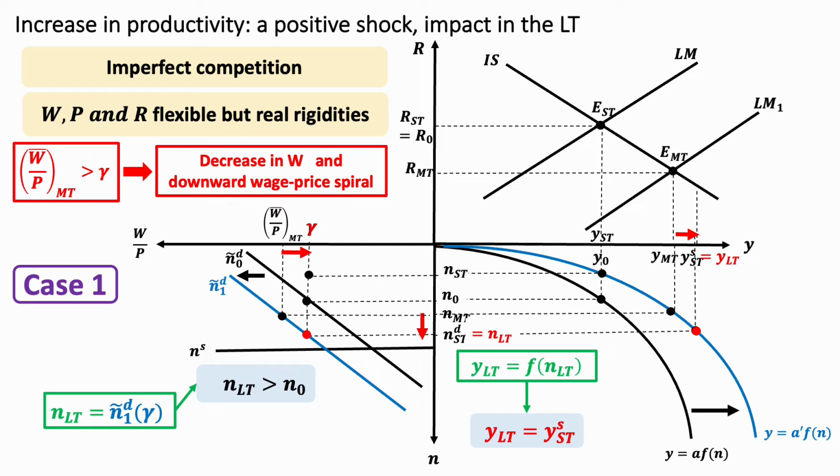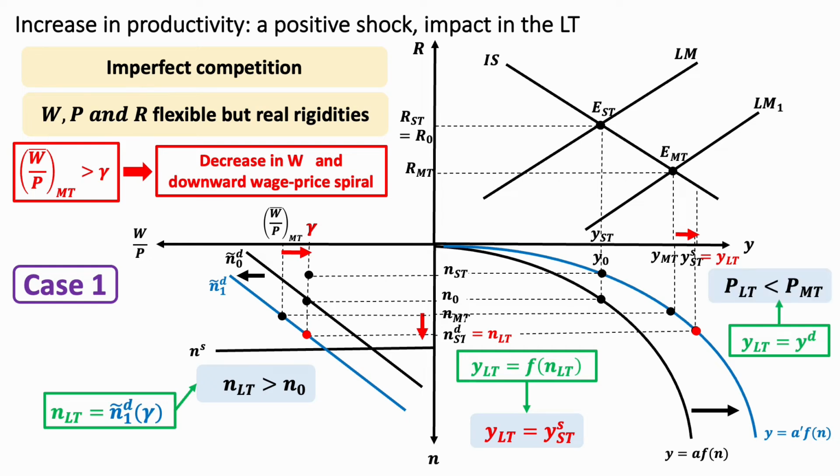The economy reaches the level of employment and production that the firm had expressed in the short term, but that was not possible to achieve because of nominal rigidities. In other words, Y long term equals YS short term.